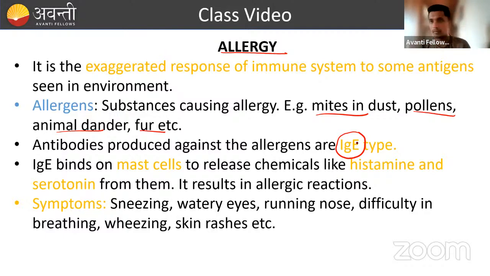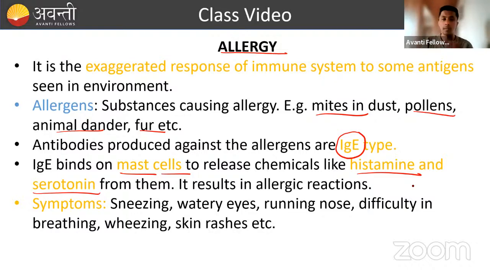Once these IgE antibodies are produced, they go and bind to a specific type of cells called mast cells, and ask the mast cells to release a specific chemical called histamine. It also produces serotonin. When histamine and serotonin increase in the blood, that will cause an allergic reaction. Understood?